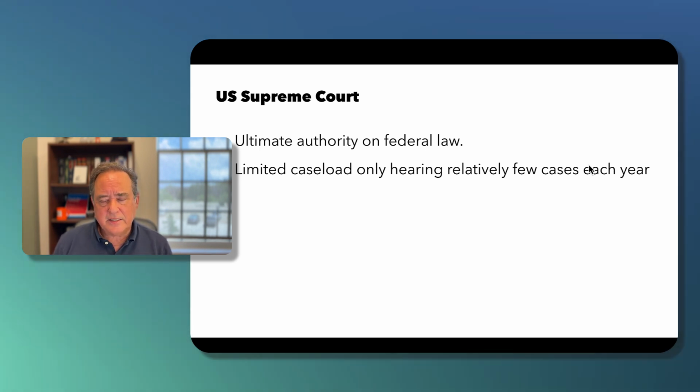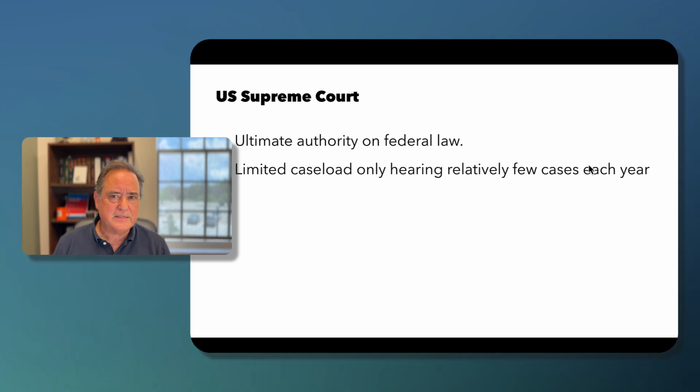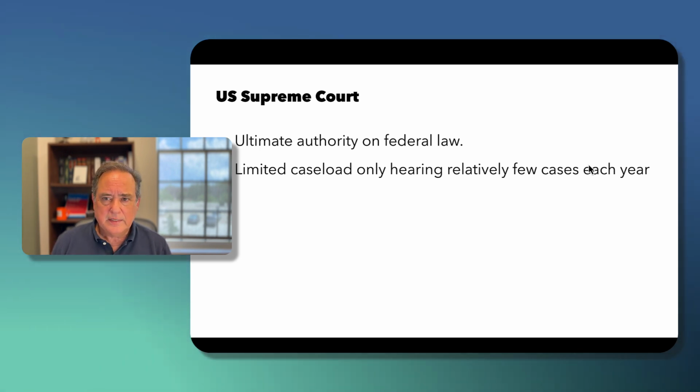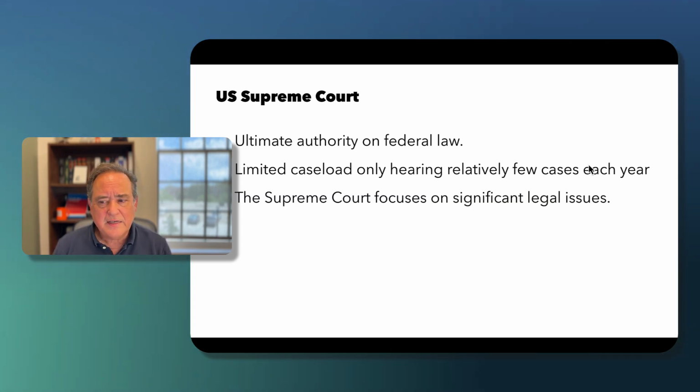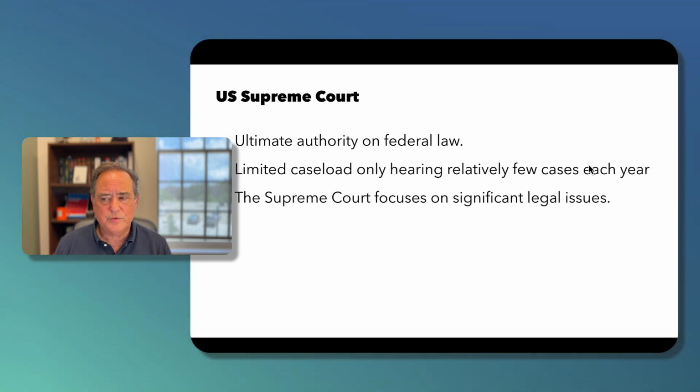The U.S. Supreme Court hears approximately 3% of all of the cases that are appealed to it. So if you ever hear someone saying, I'm going to take this all the way to the U.S. Supreme Court, that's probably not accurate because the Supreme Court is probably not going to hear that case. They only hear a small fraction of cases, and those cases tend to involve significant legal issues.